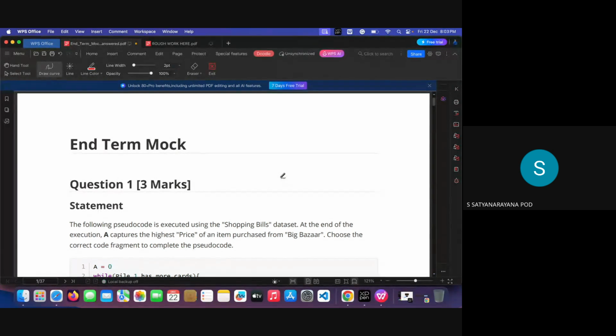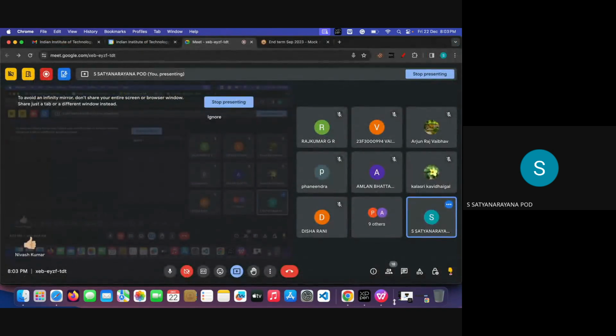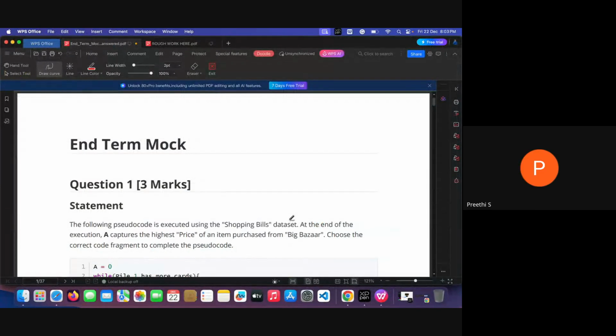Is my PDF file also visible? We will walk through each of the questions. I think there are 20 or 20 plus questions. We will go through each of them with an overview of how to solve them easily. Some of them, and most of them, are pseudocode questions.